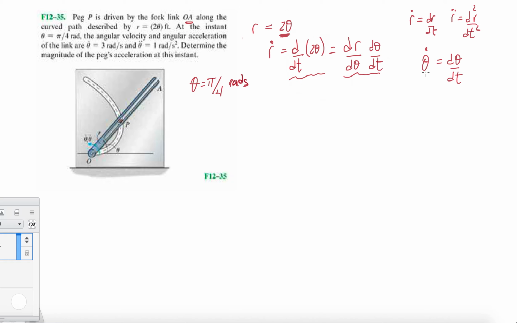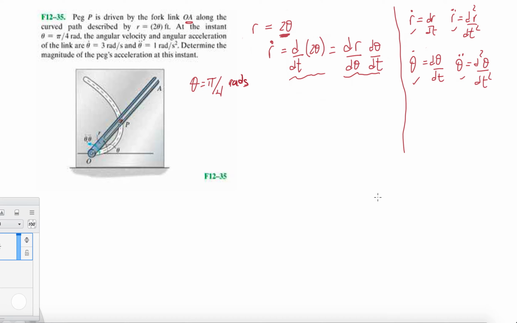Okay, so let me give you guys a brief rundown of a lot of things right now. Theta double dot is theta dot, d theta dt, and then theta double dot is d squared theta dt squared, right? Velocity, acceleration.